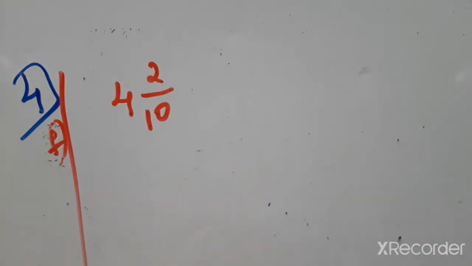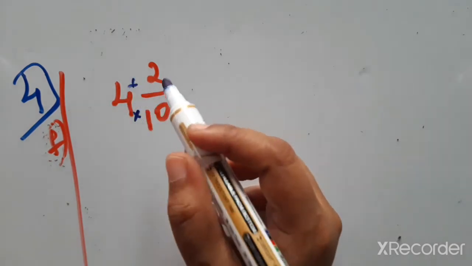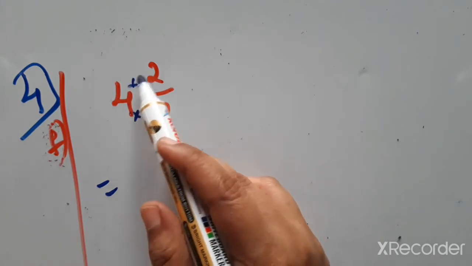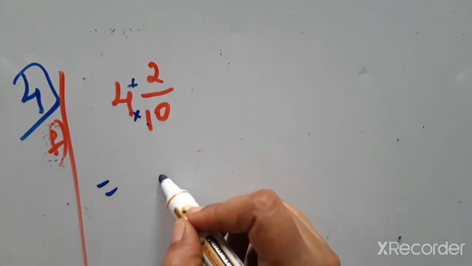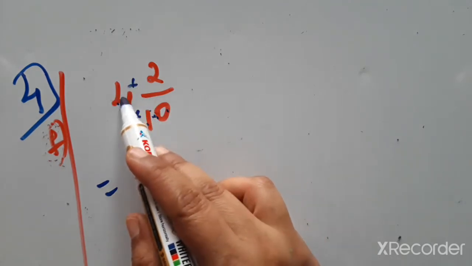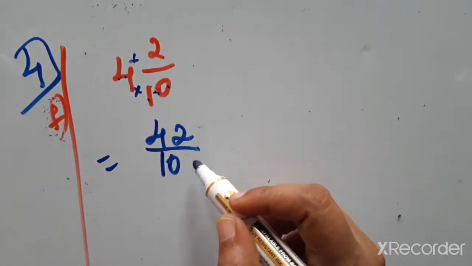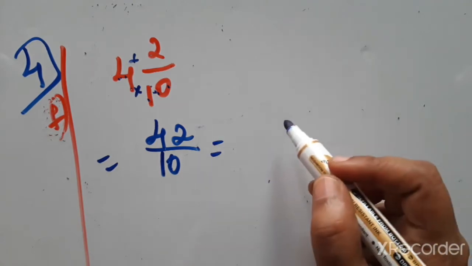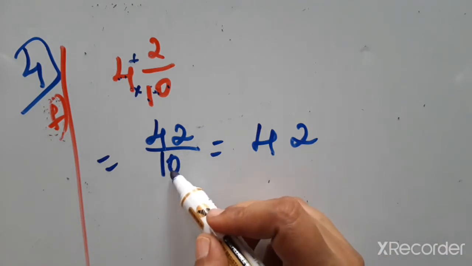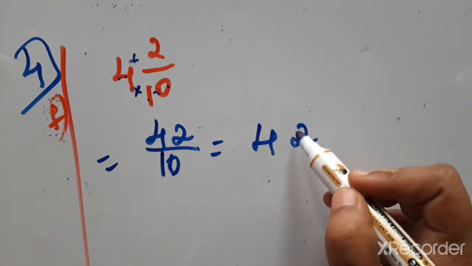Now next, here F1, a mixed fraction is given. First we have to convert it into an improper fraction, then write the decimal number. How to convert? Here the multiplication and upward addition. Write denominator 10 as it is, then multiply. 10 into 4 is 40, 40 plus 2 is 42. Converted into an improper fraction. Now write in decimal form. Write the numerator as it is, 42. Then check for tens form. Only when the denominator is 10, 100, 1000, then only we can directly divide it like this.